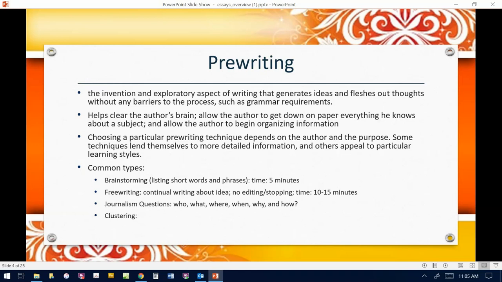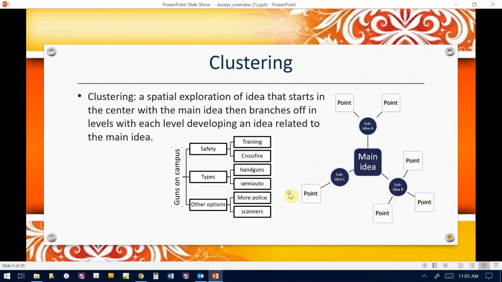Clustering is a 4th common type of pre-writing. It is a spatial one where you're using diagrams and all sorts of different arrangements of ideas to show the development of your idea. So on the right there, you see kind of a basic clustering diagram. Sometimes it's called clouding or mind mapping.